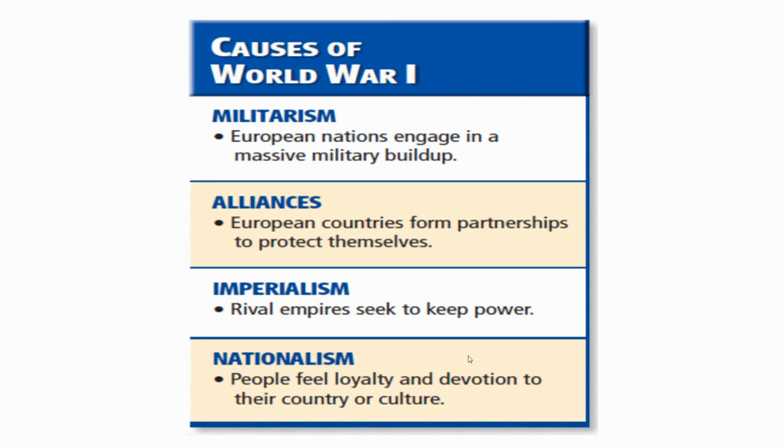So militarism is the idea of building up a military, a massive arms race, using the new technology that came out of the Industrial Revolution to make weapons bigger, better, and far more lethal.